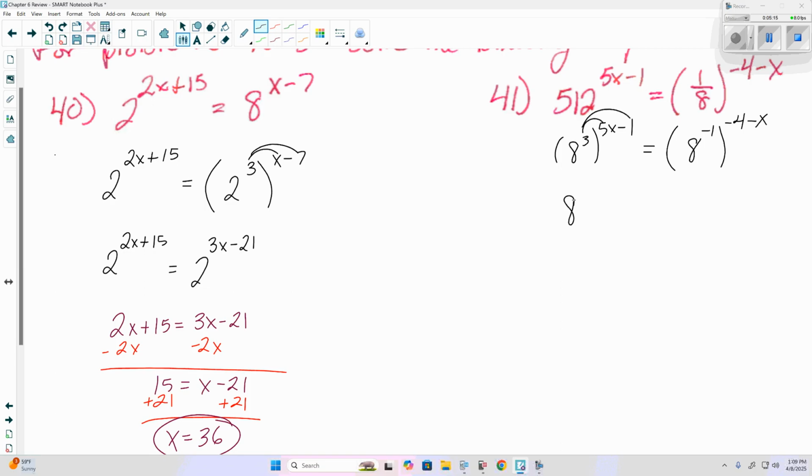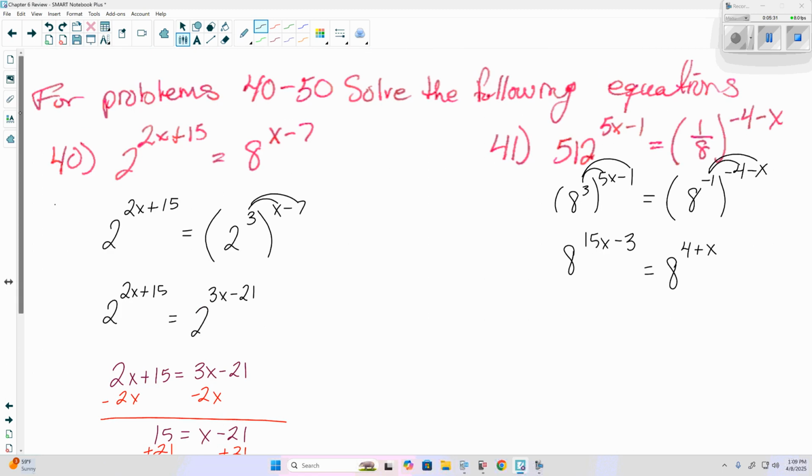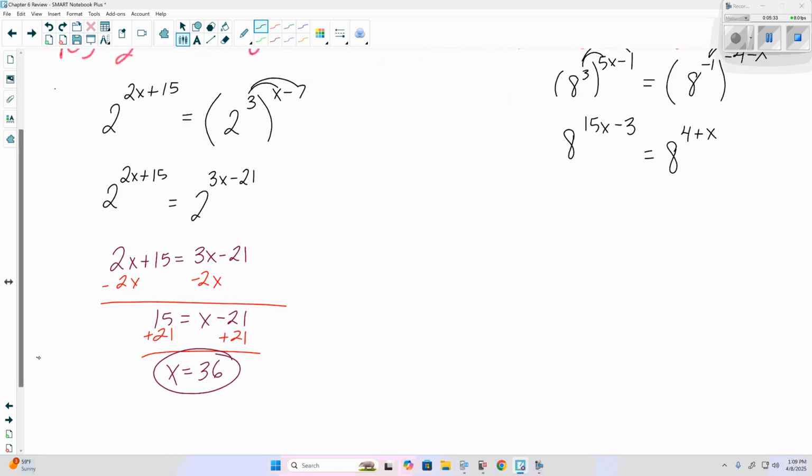Powers of powers multiply. Multiply by negative 1, giving us... excuse me. Since the bases are the same, we'll set the exponents equal to each other as well.